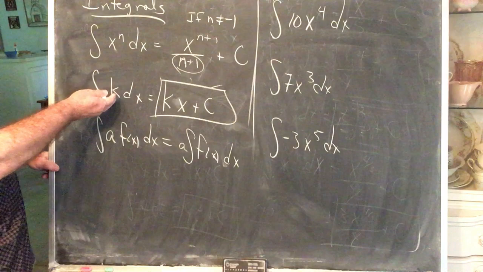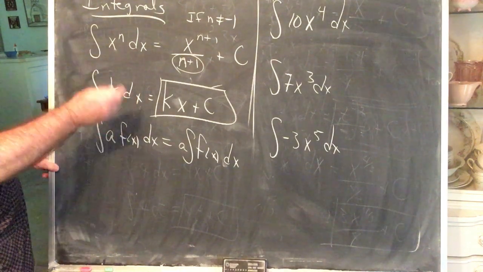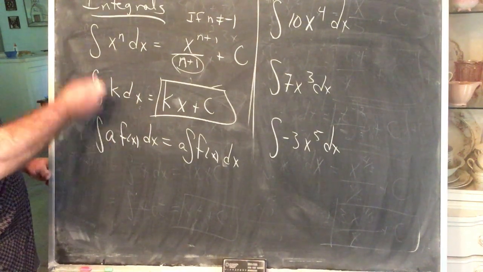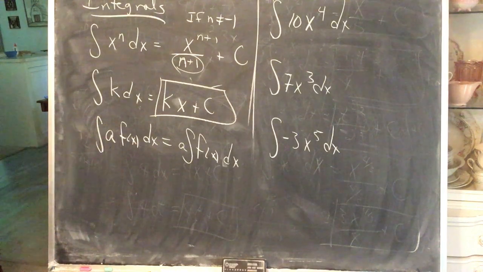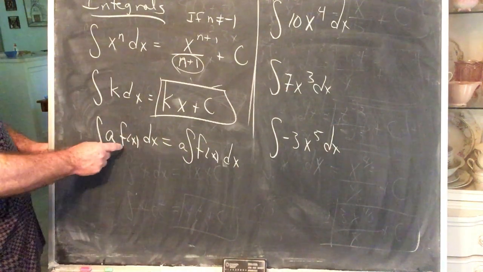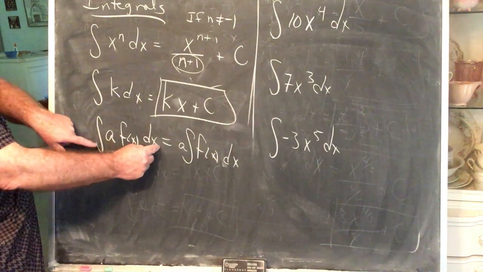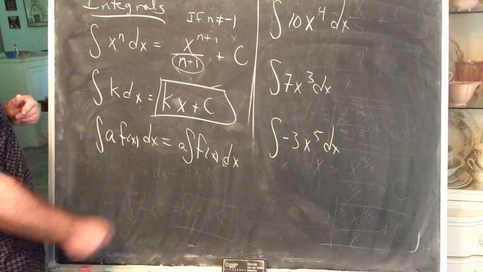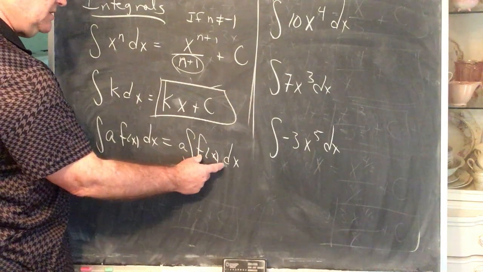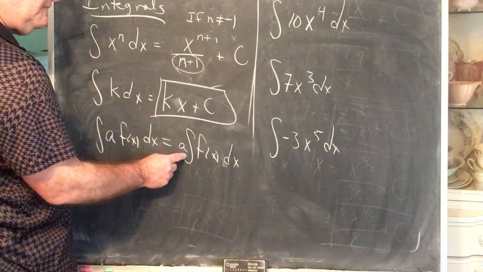I don't know why I've shifted from K to A, but my constant is now A. The specific letter you choose to represent the constant is irrelevant. But what this says is, you may, if you wish, multiply constant times function first and then do the integral, or you may do the integral first and then multiply by the constant.